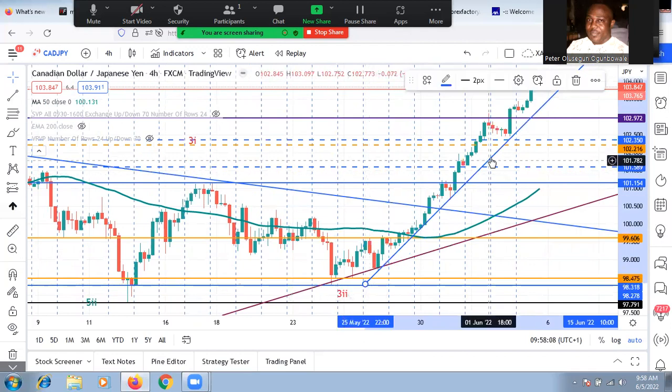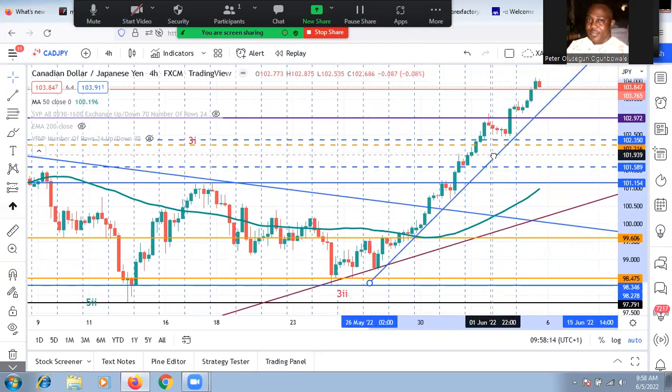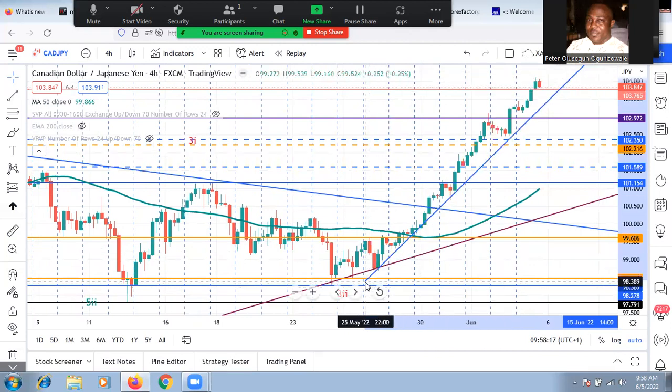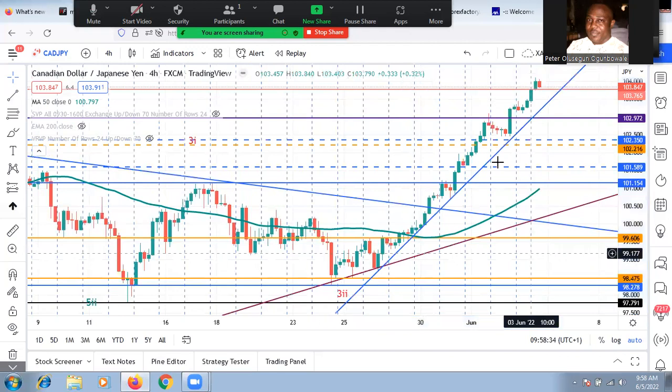I think it's better that way. So this is manageable this way. Good. So this is what we are looking at.